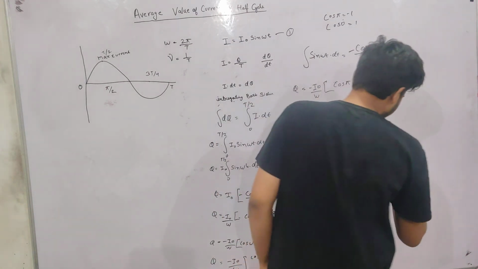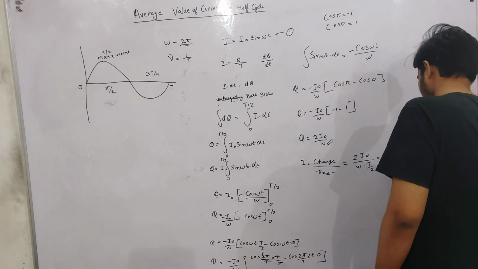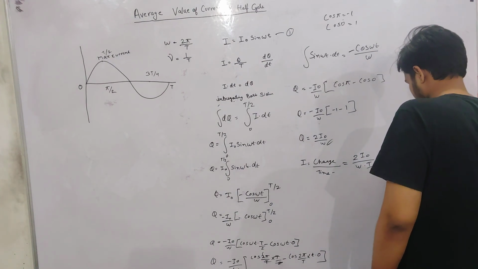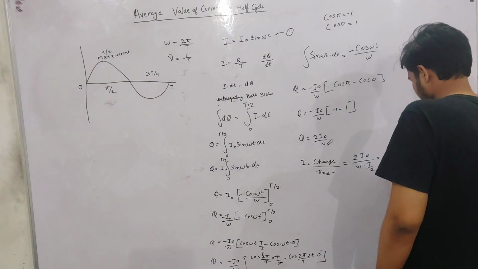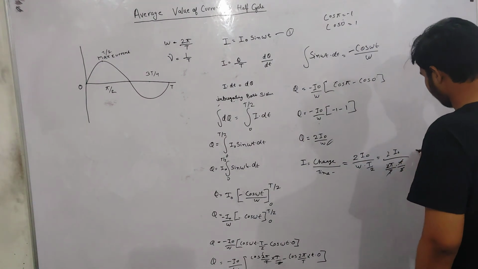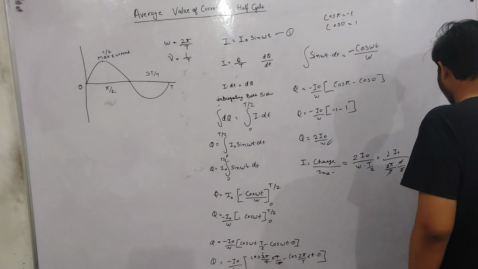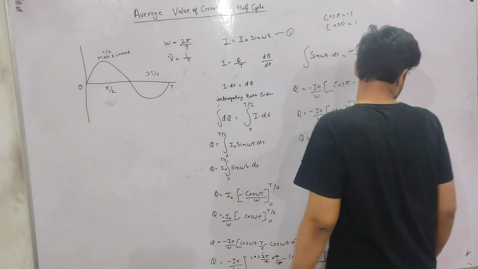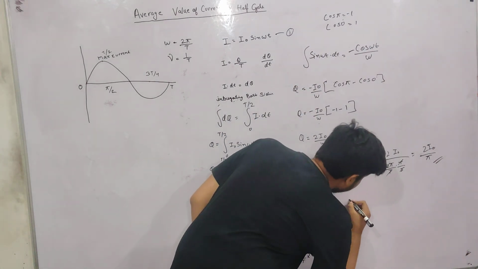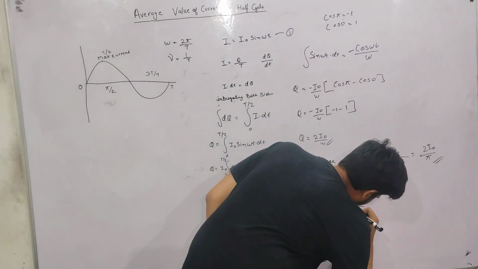Omega's value we write as 2 pi by T, so we get 2 I naught over 2 pi by T into T by 2. The 2s cancel and T cancels, giving 2 I naught by pi. This is the derivation: I average equals 2 I naught by pi.